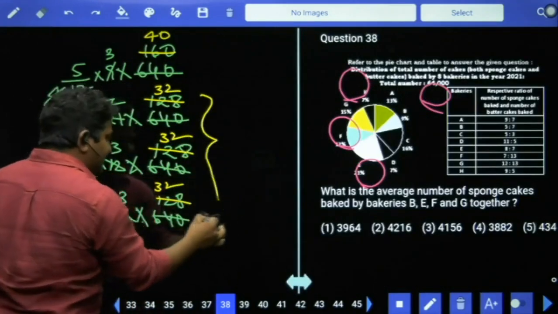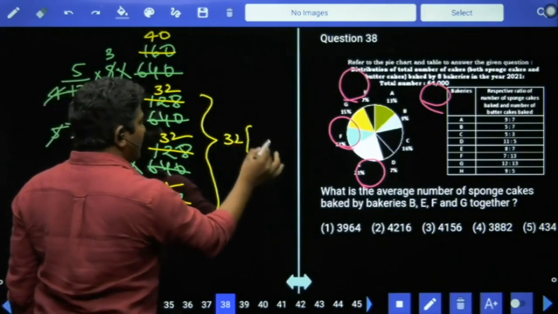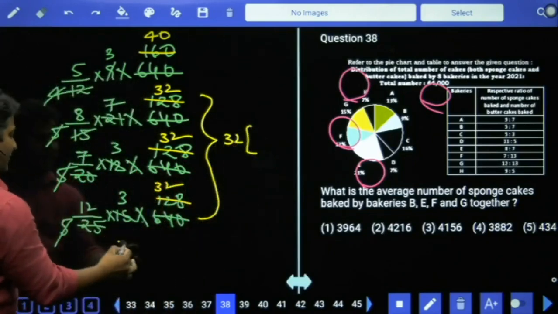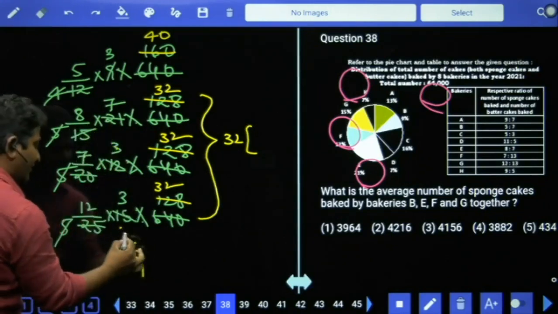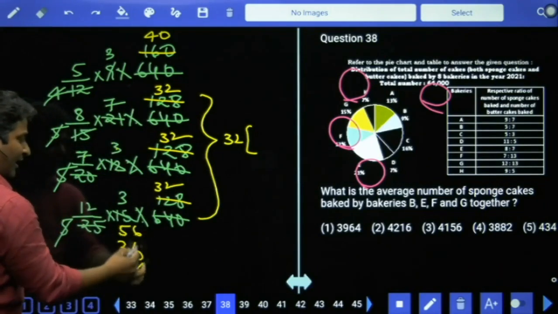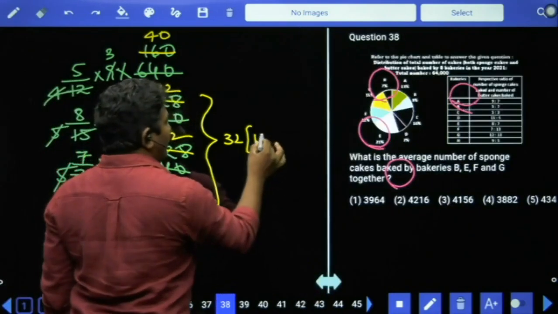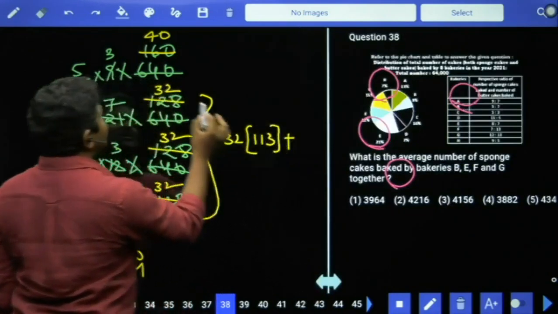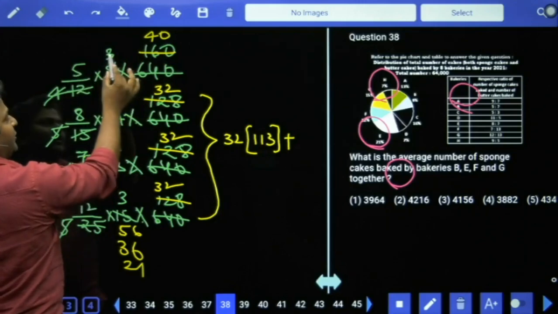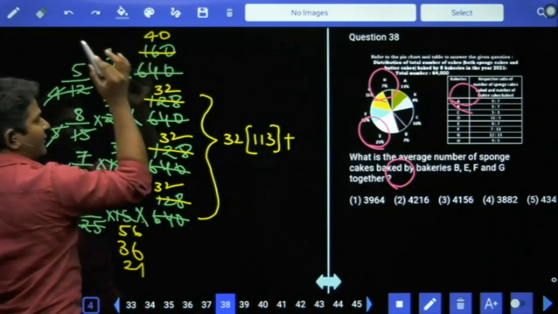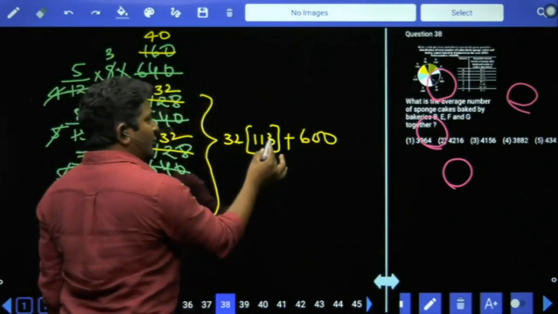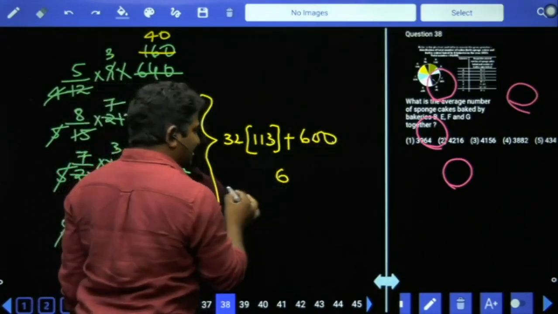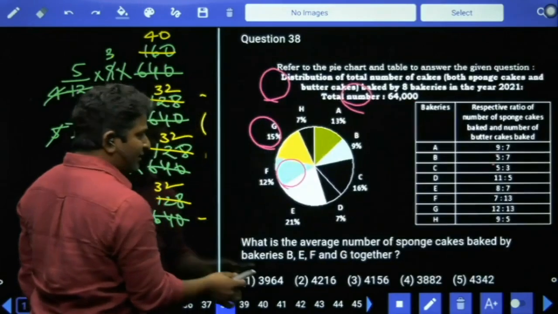Now, for these numbers, you can take 32 common. 12 into 3, 36, 7 into 3, 21, 7 into 8, 56, 113. 113 plus 5 into 3, 15, 15 40 times 600. 2 into 3, 6 plus 0. Answer must end with 6.